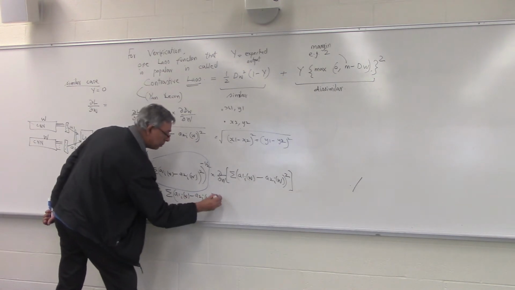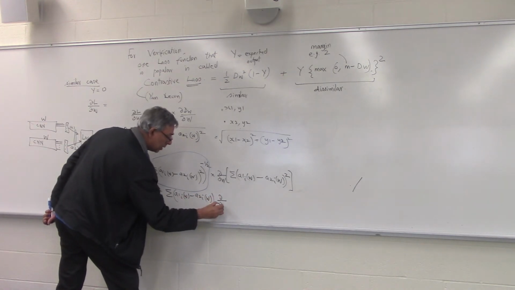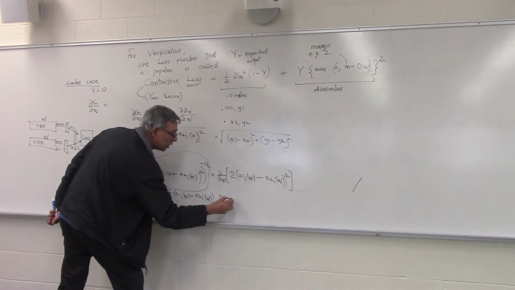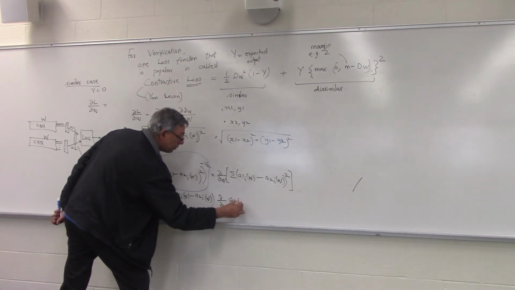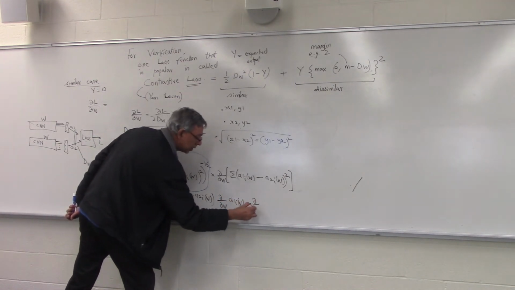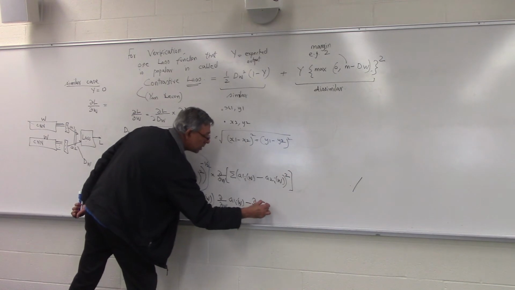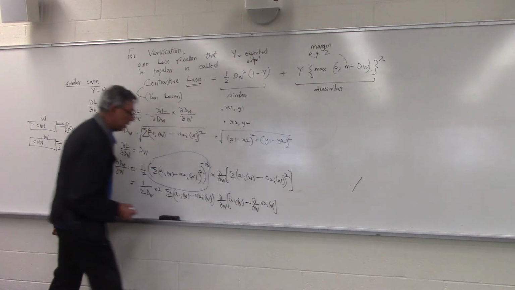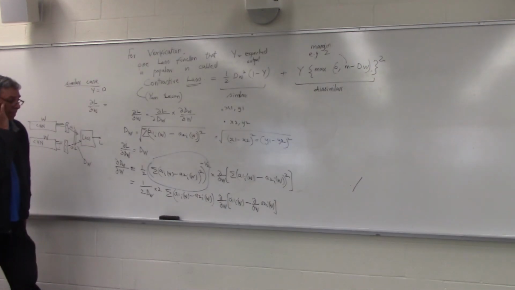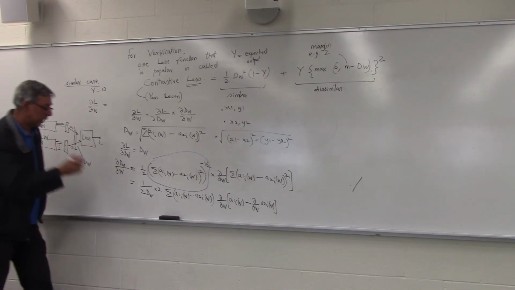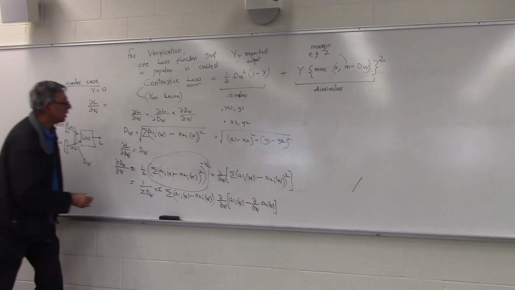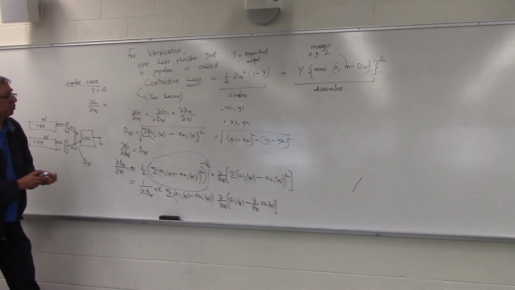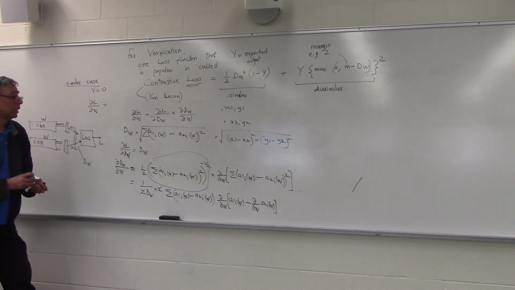Further multiplied by partial over partial W of A1 of I of W minus partial over partial W of A2 of I. You guys agree? 2 cancels. Now let's put it in the whole term, partial L over partial W.